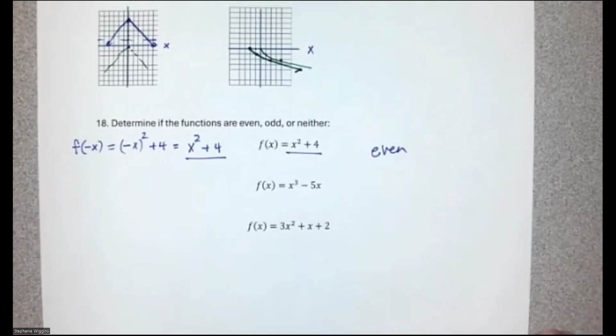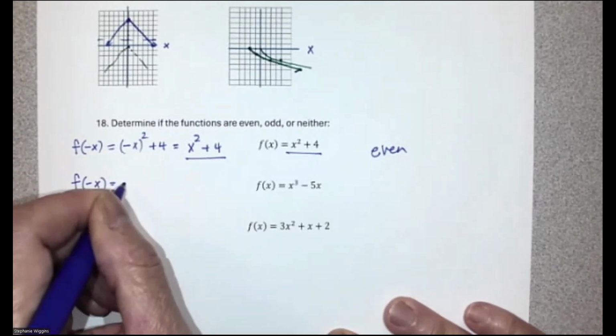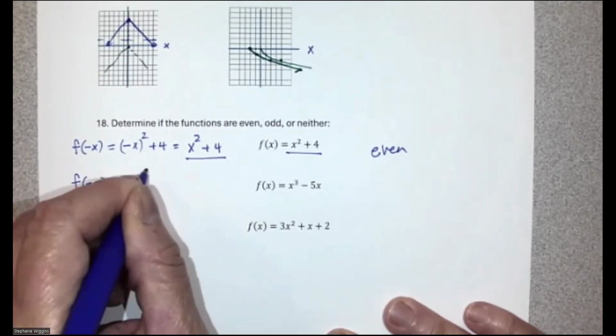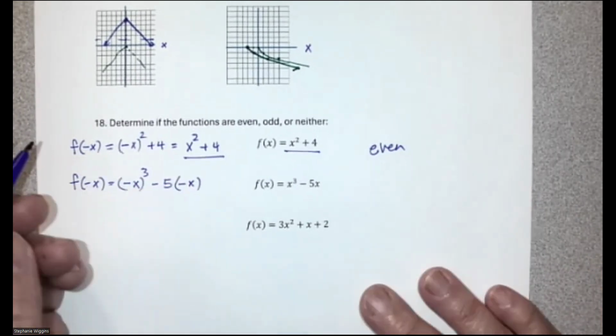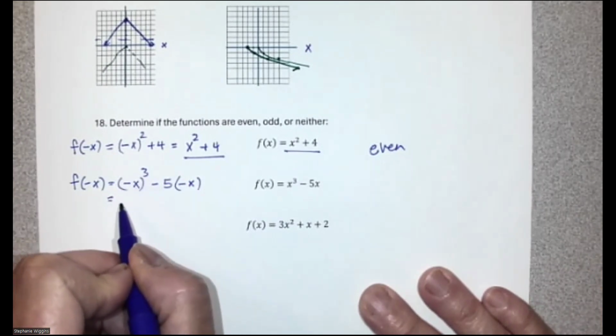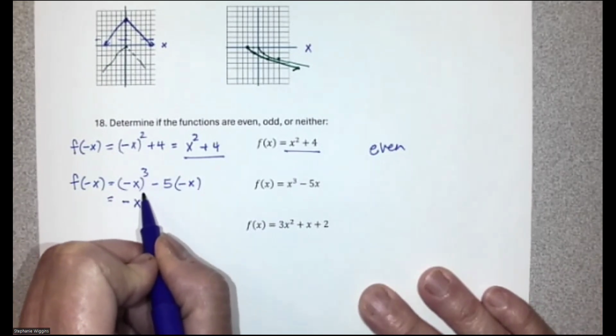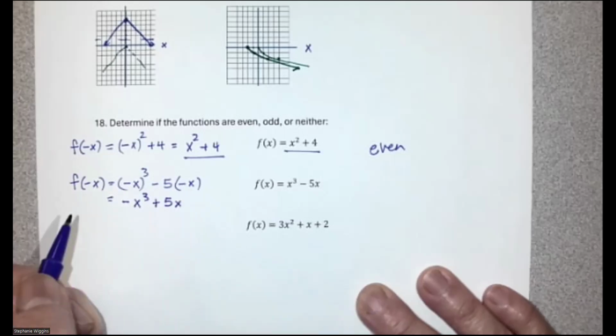Do the same thing here. We get f of minus x. Plug it in, we get minus x cubed minus 5 times minus x. When you cube a negative, you still have a negative. So it's going to be negative x cubed. The double negative here becomes plus 5x.